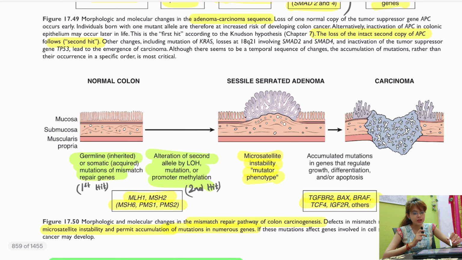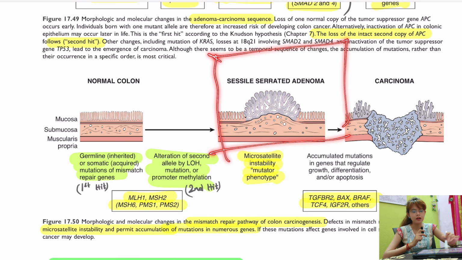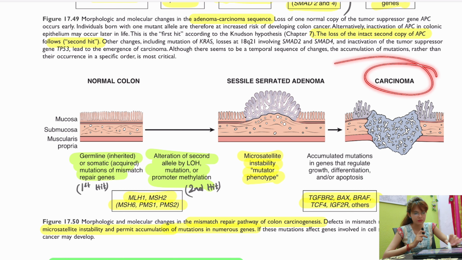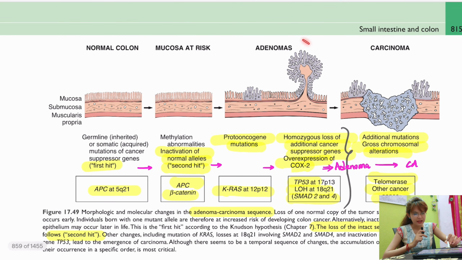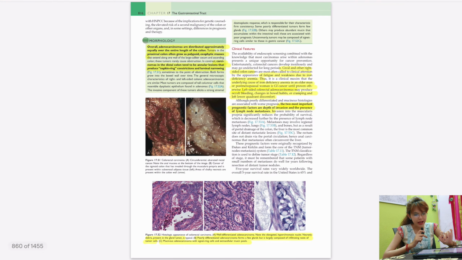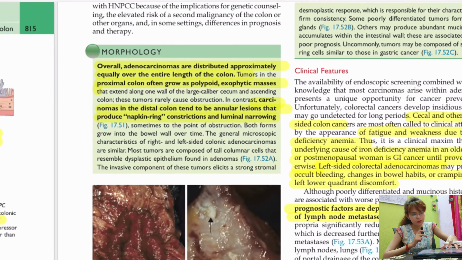And here the precursor is a sessile serrated adenoma. I have already mentioned these points in the chapter of polyps, where I told you about the adenoma, which is the precursor for malignancy, and this one is the sessile serrated adenoma, which is neoplastic, which ultimately leads to cancer, and this was plain adenoma. Okay, so all these points I have discussed, and now just coming to this morphology.